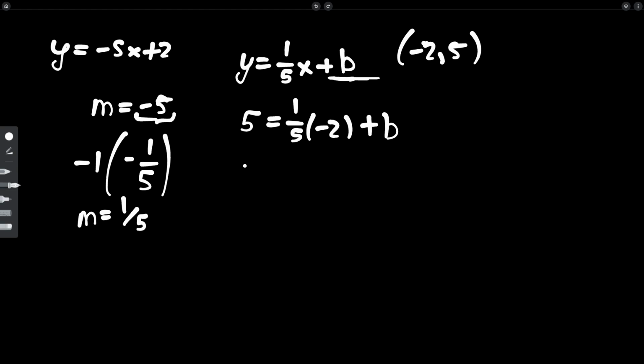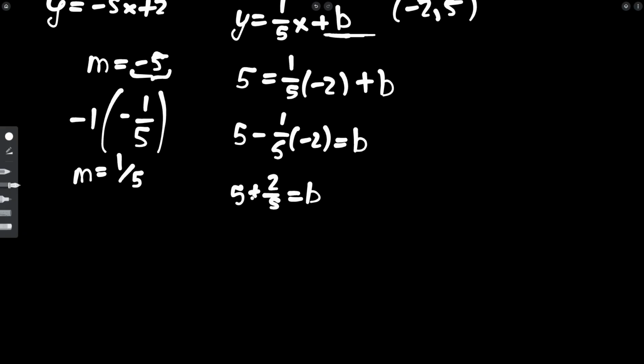Firstly, we can subtract this from both sides of the equation. So we have 5 minus 1/5 times -2 equals b. And then we can multiply this together. That gives us 5 plus 2/5 equals b.